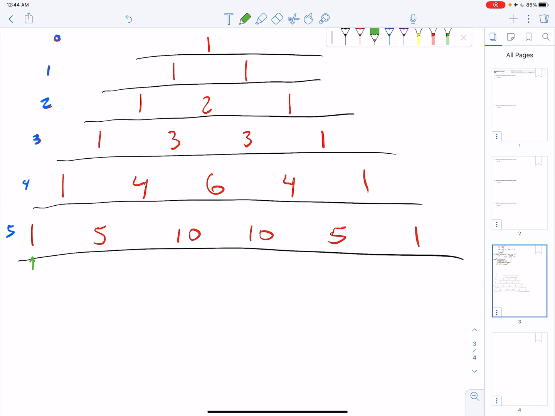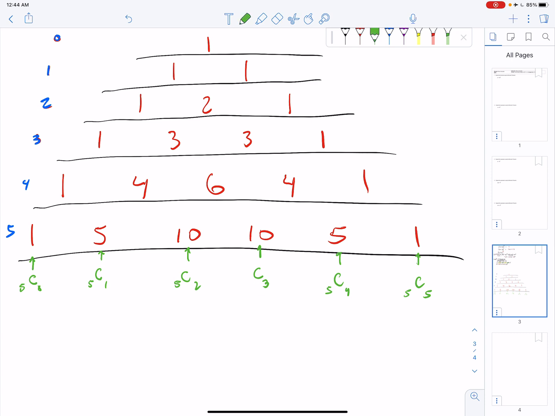So this would be a combination of, we're on line 5, choose 0. And then this one would be a combination of 5 choose 1, 5 choose 2, 5 choose 3, 5 choose 4, and that's a combination of 5 choose 5.